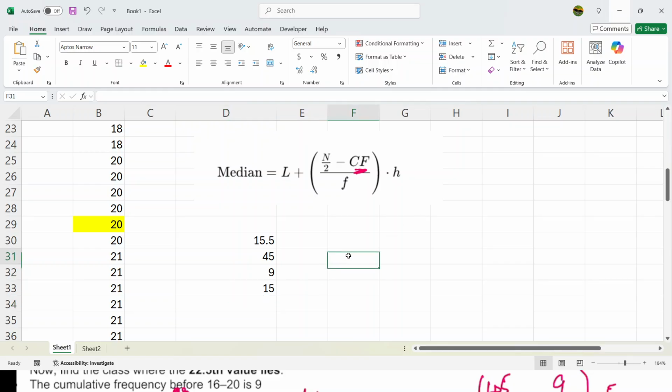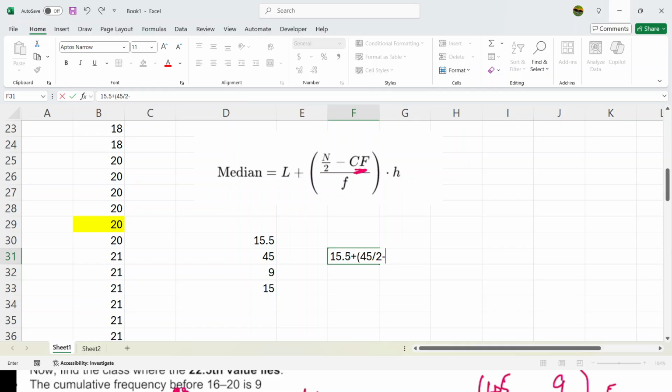So we say 15.5 plus, what are we adding? 45 divided by 2, which is, let me close first the bracket, 22.5. In other words, 22.5, which is the same as n divided by 2, 45 divided by 2, and then minus CF.